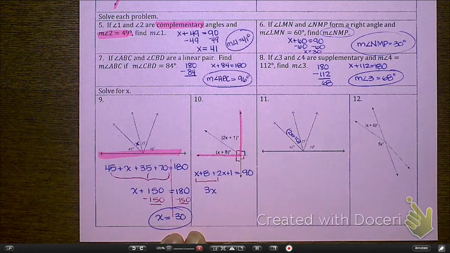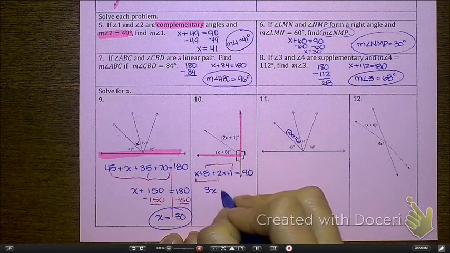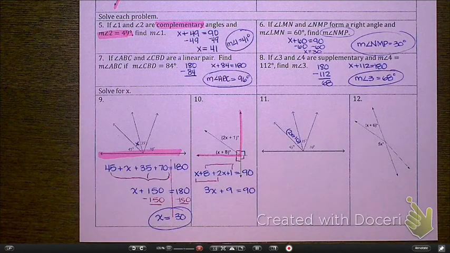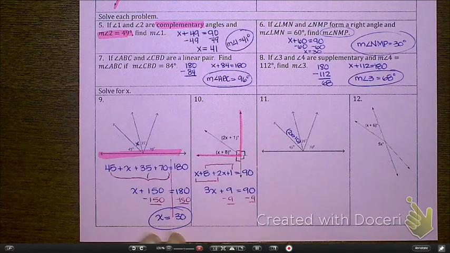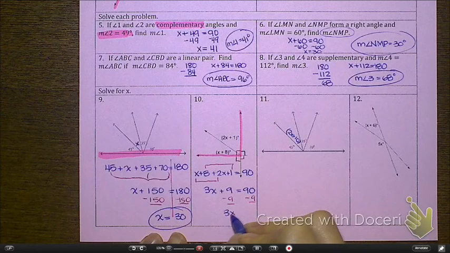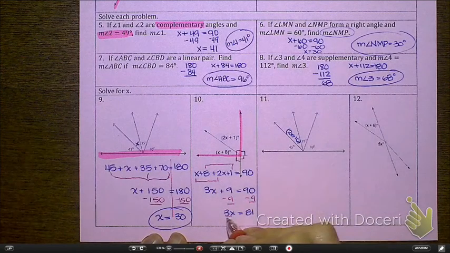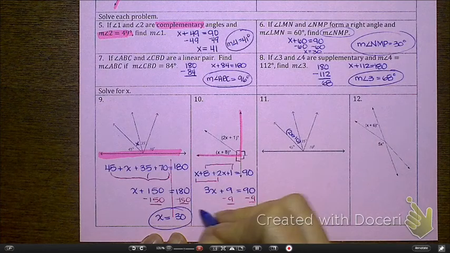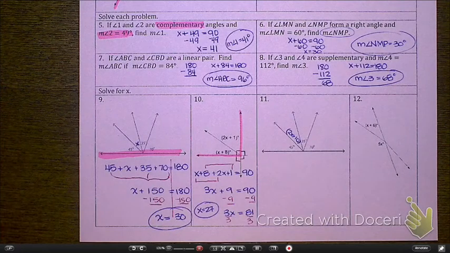And then we also had 8 plus 1. What was 8 plus 1? 9. Now, what do we want to do to both sides? Subtract 9. What was 90 take away 9? 81. And then what did you guys get when you divided? 27. All we were doing was solving for x there, so we're done.